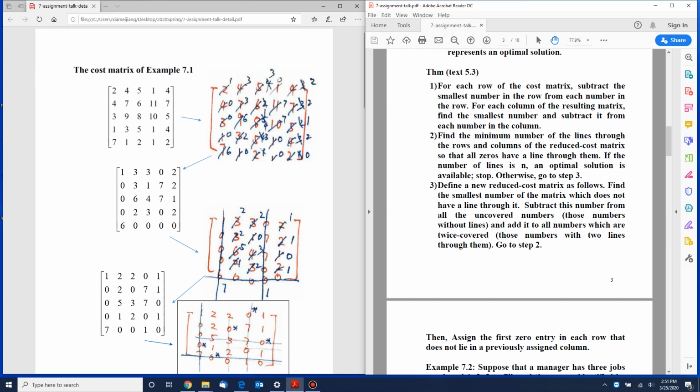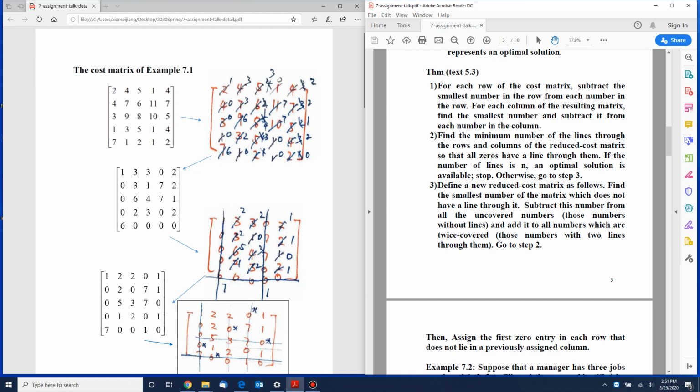So 1 is the smallest number, and we subtract it. You can see I have a cross on 4, then I got 3, and cross on 2, that's 1, cross on 5, that's 4, cross on 4, that's 3, and cross on 1, that's 0 there, right?